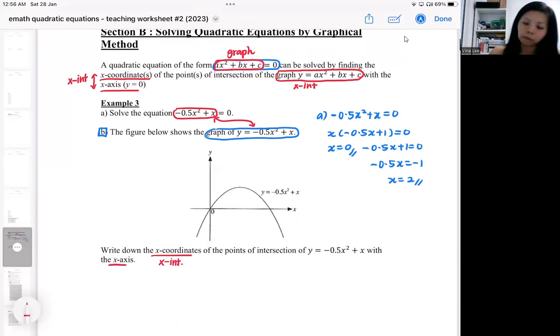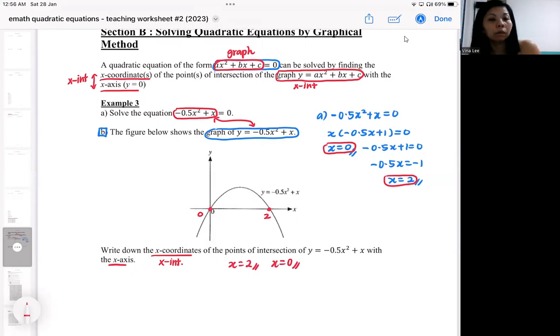So the x-intercept should be the calculated answers here. It should be a 0 here, and it should be a 2 here. The instruction is to write down, that means you do not need to do any working. You just need to understand that the x-intercept is going to reflect the same answer. So the answer will be x equal to 2 and x equal to 0.